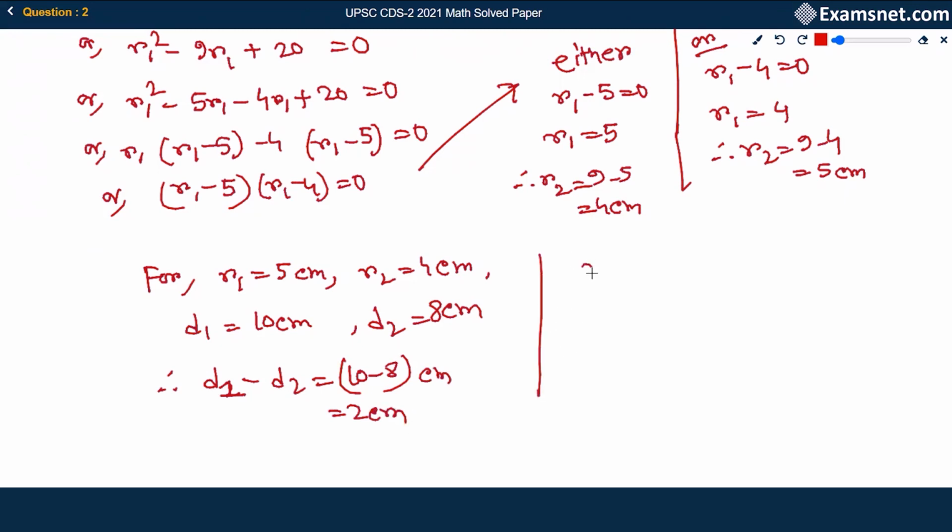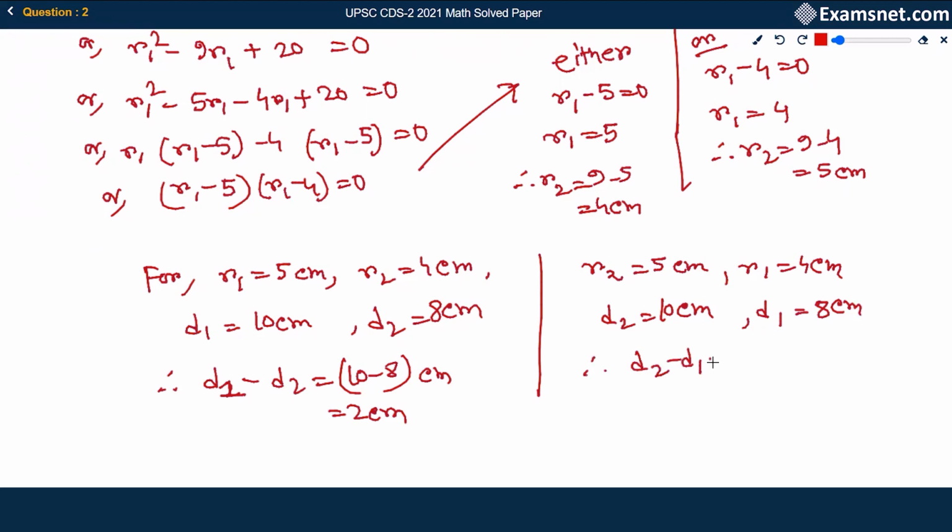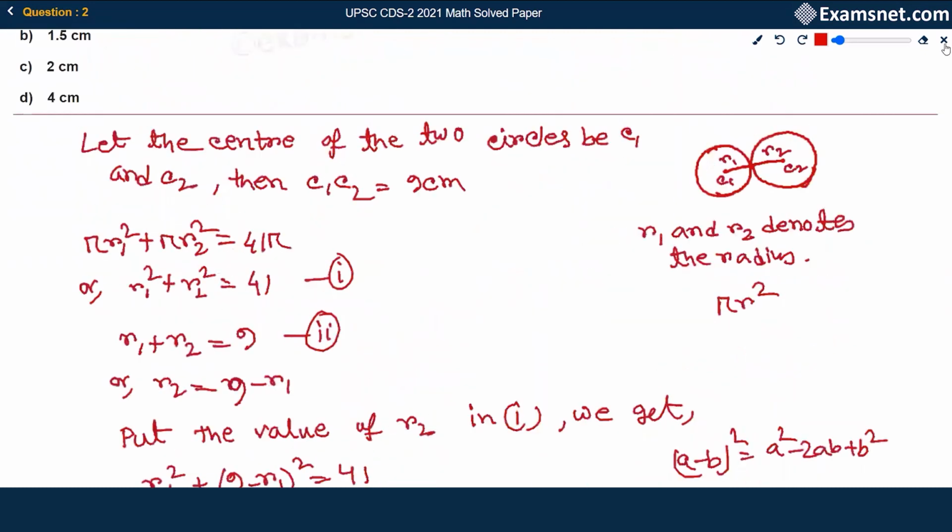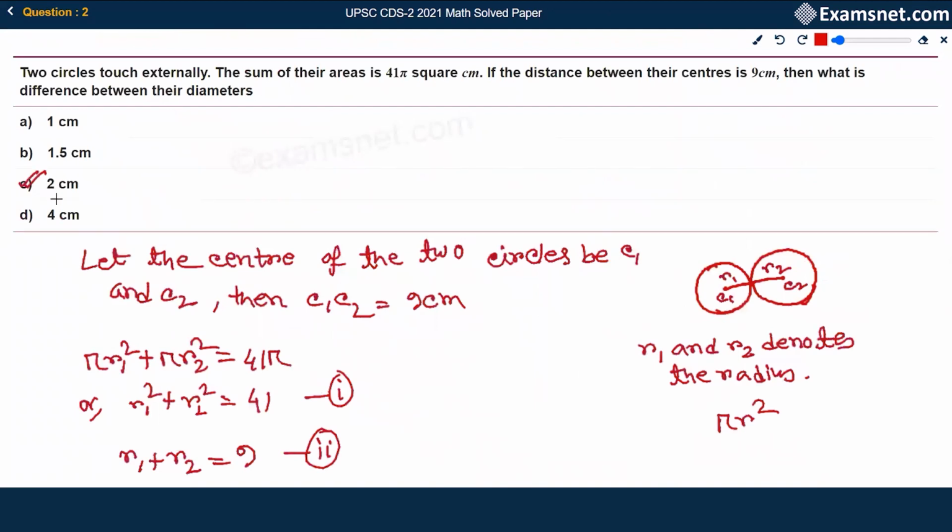Similarly, we can check D2 minus D1, and the difference is again 2 centimeter. So in both the cases we are getting the difference 2 centimeter. The difference between the diameters is 2 centimeter. This is the answer then. So here option C is the answer.